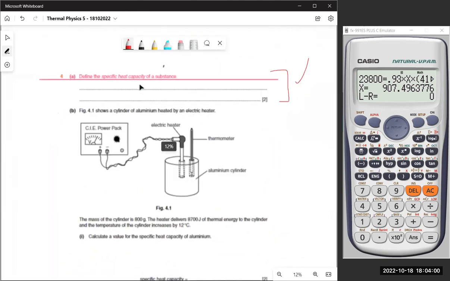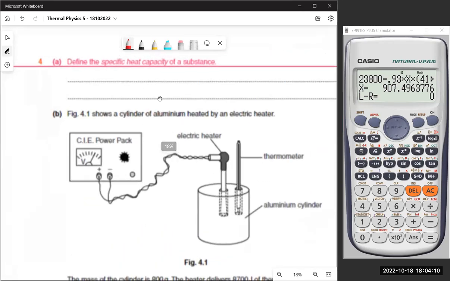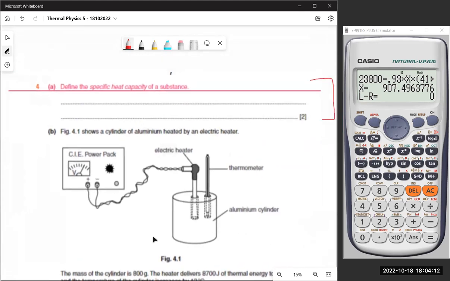Zahara, can you tell me what is specific heat capacity? What is the heat capacity? Say that again, louder.